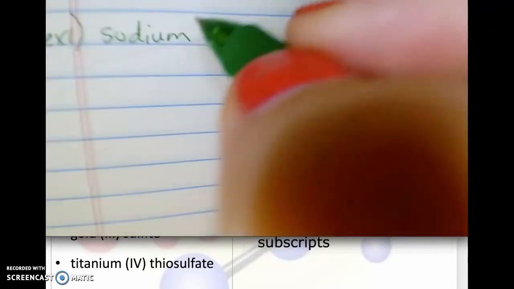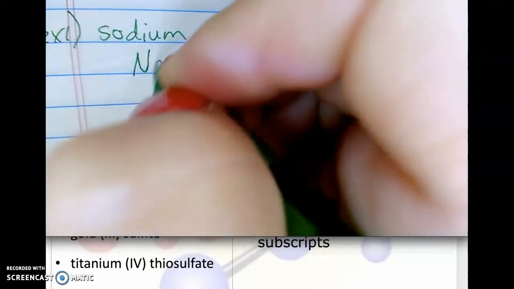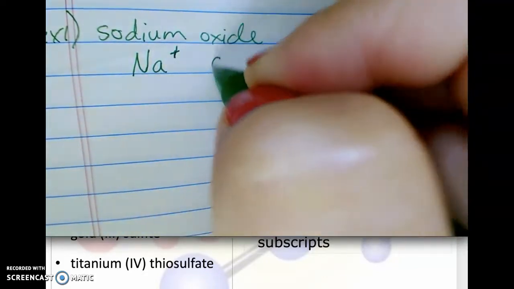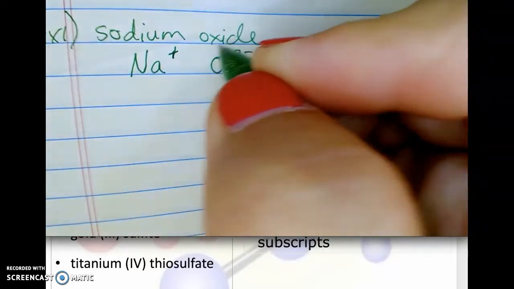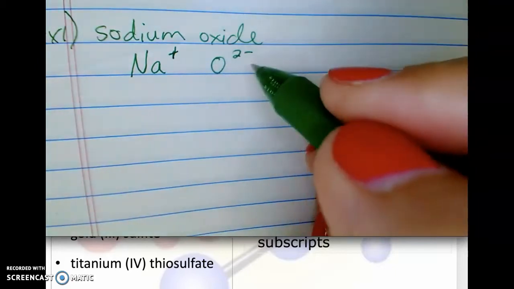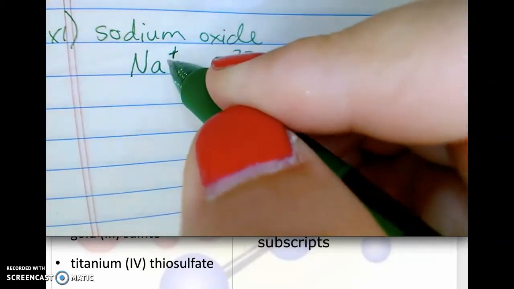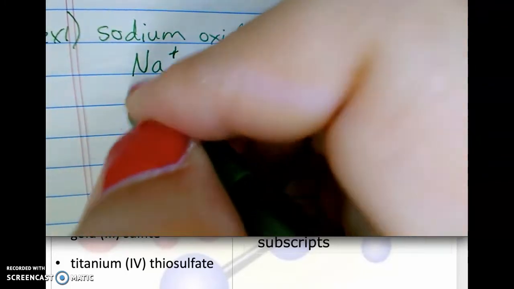Okay, so sodium is Na plus, and oxygen is a 2- charge, right? Does that balance? Oxygen needs to take 2 electrons. Sodium only has 1 to give. So it's going to need to get another sodium.